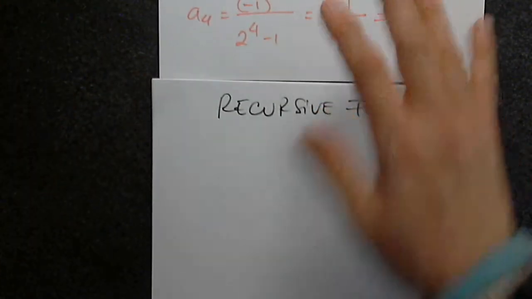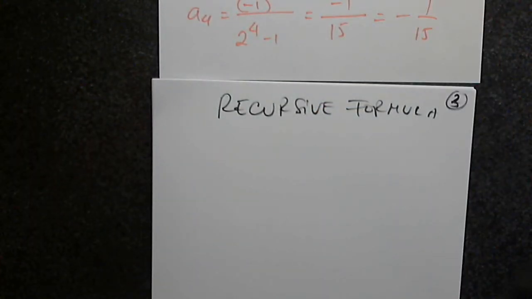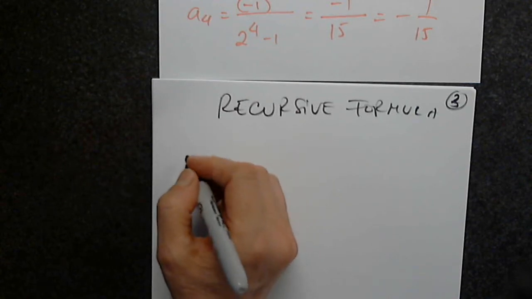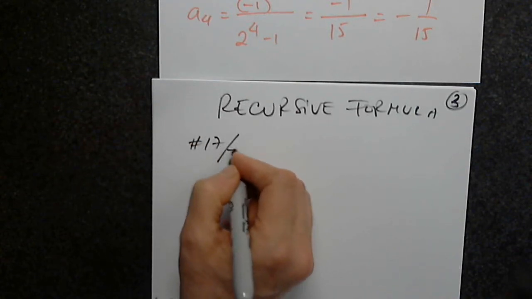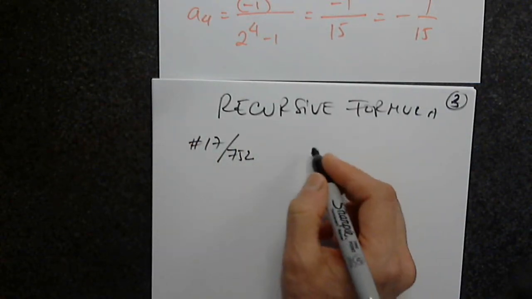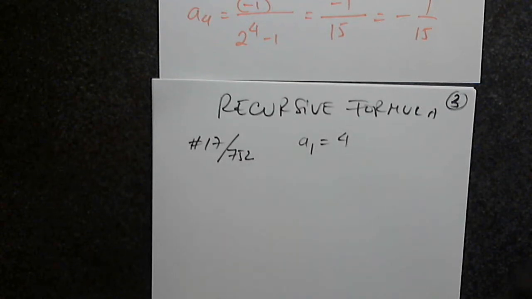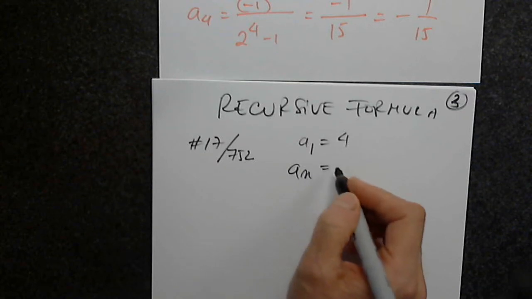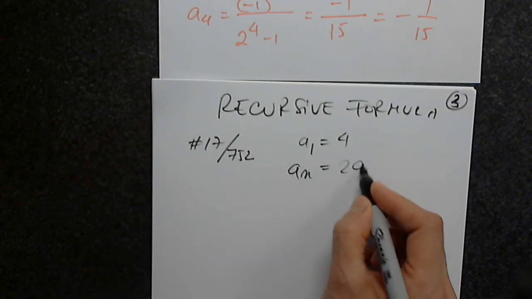We will be given the general term in terms of the previous term or terms. So here's an example. Let's say 17. Same page, 752, in which we are given a_1, which is 4, the first term of the sequence, and we are given a_n, the general term, but it is not clean cut.